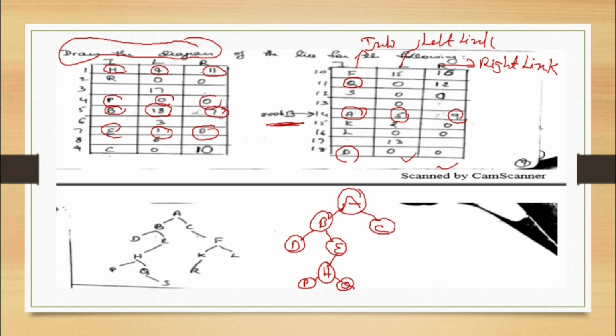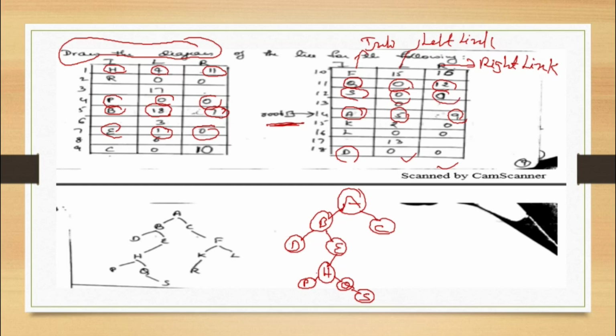But Q doesn't have a left child, it has a right child, which is 12. In 12 you have S. If you go to S, it is once again 0 and 0. That means it is ending there.